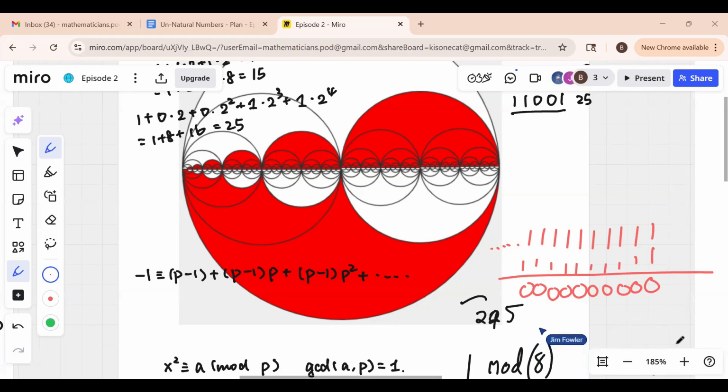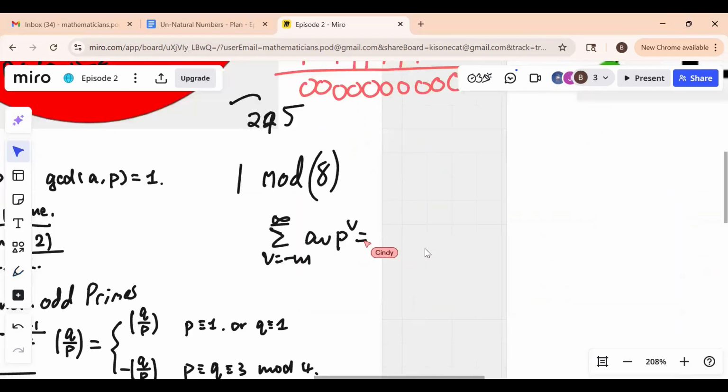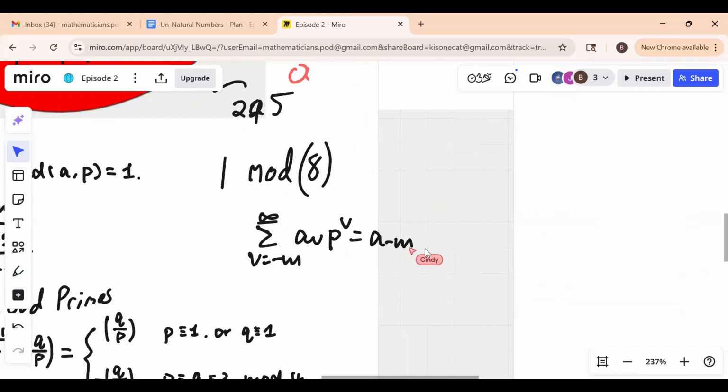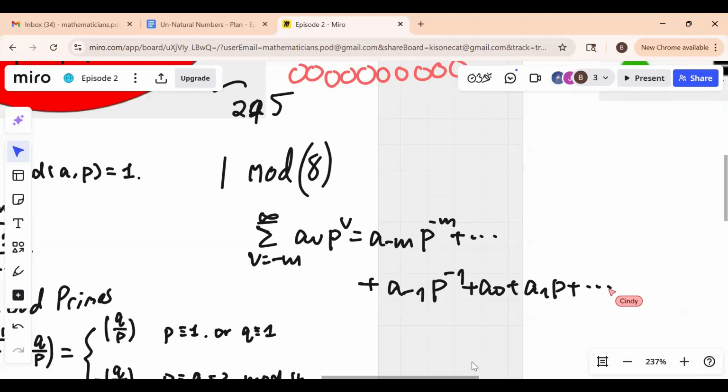And for negative integers, the reason that we can extend it into negative integers and also fractions is just because, maybe think about Laurent series, we can extend the domain of p-adic integers to something like formal power series, like we can extend it to include a to the power of -m in p. Oh, that's kind of in analogy with Laurent series. So yes, we can extend the domain.